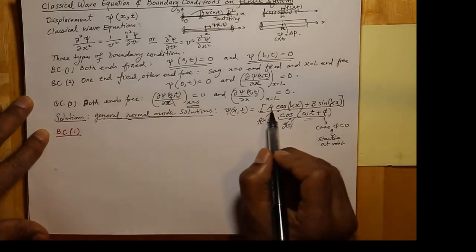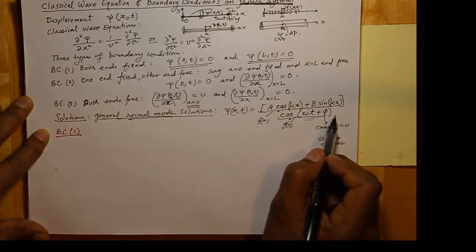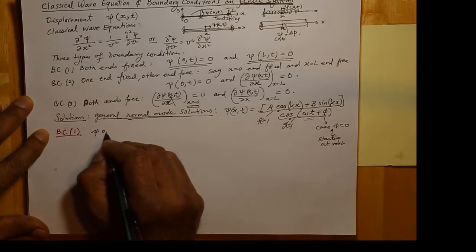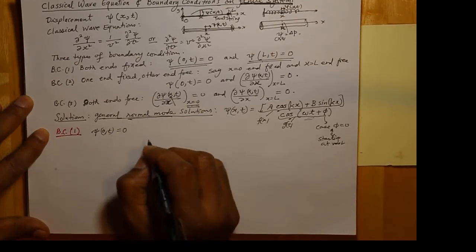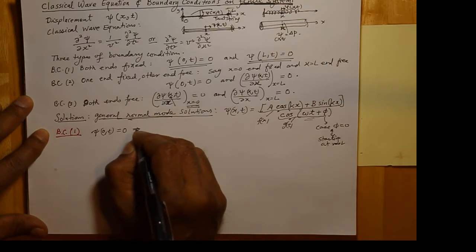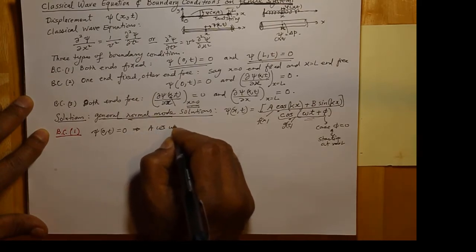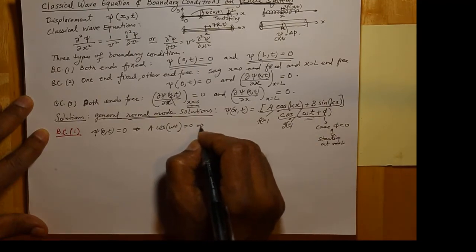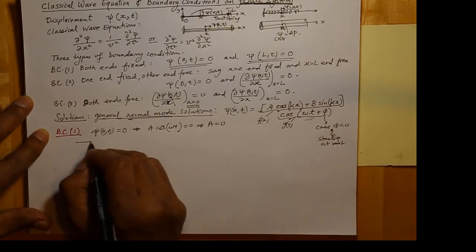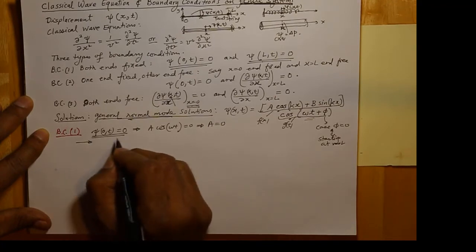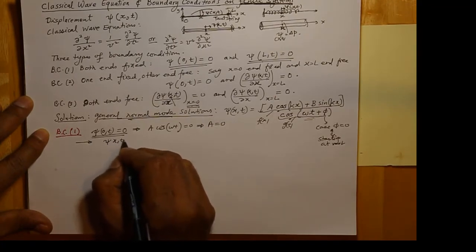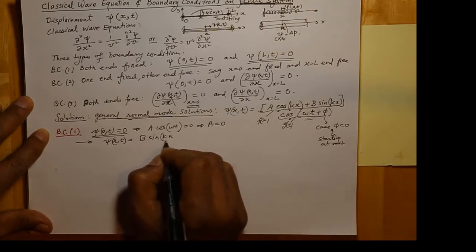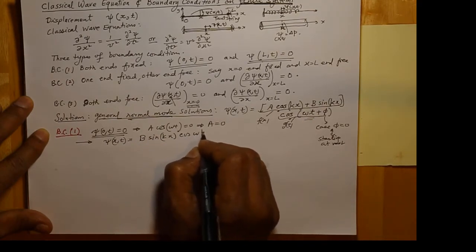This demands psi(0, t) equal to 0, so a cosine omega t equals 0, with phi equal to 0. That means a equal to 0. So satisfying this means psi of x, t, this product solution, has just the sine part: sine kx cosine omega t.